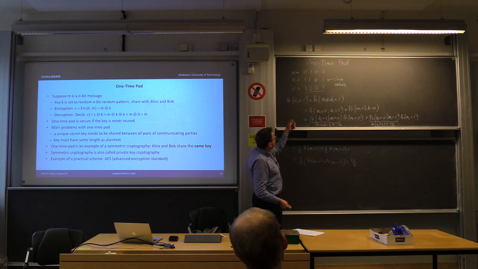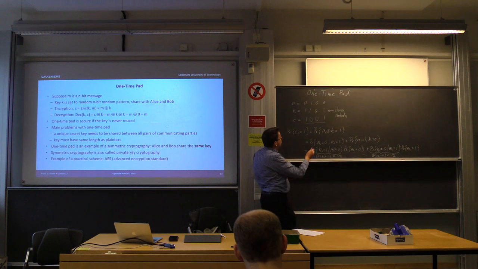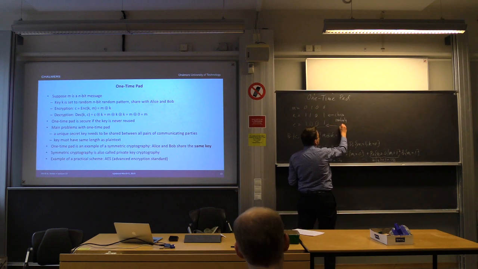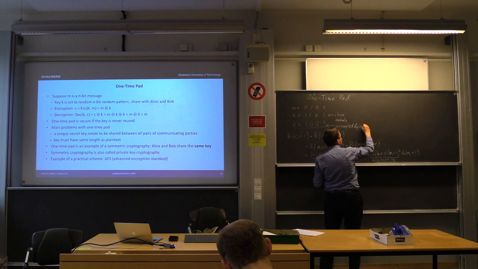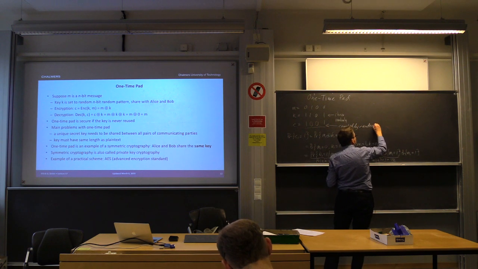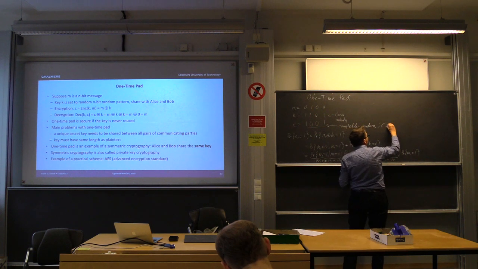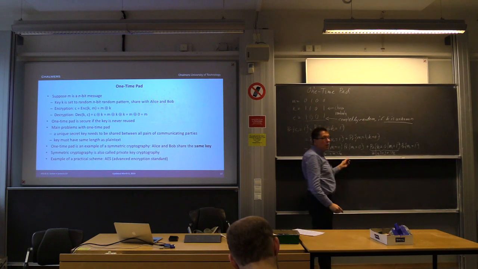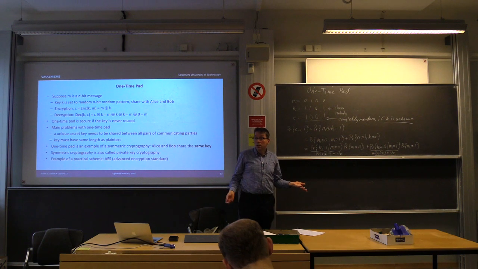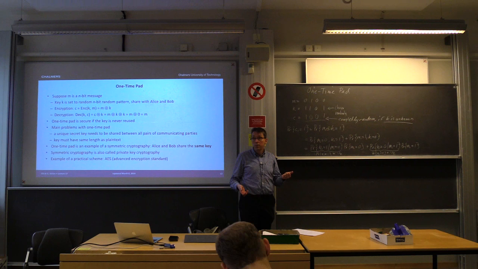So with this, we can conclude that the ciphertext is completely random if K is unknown. Okay. So if I don't know K, and I look at C, C just looks like a random sequence of bits. Carries no information about the M.